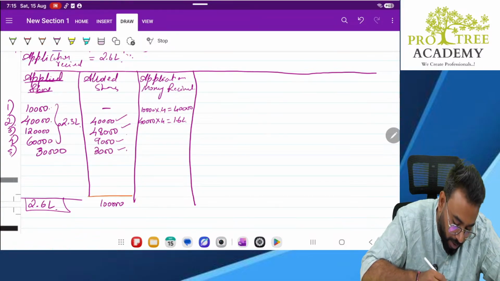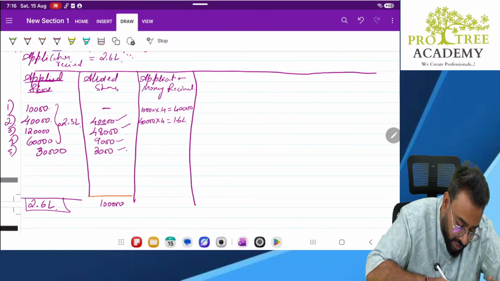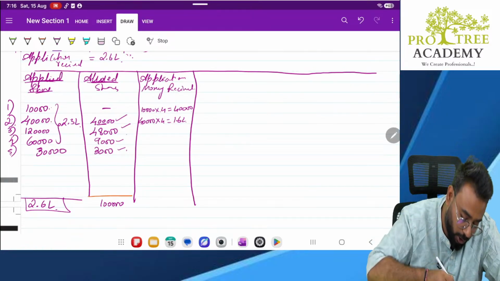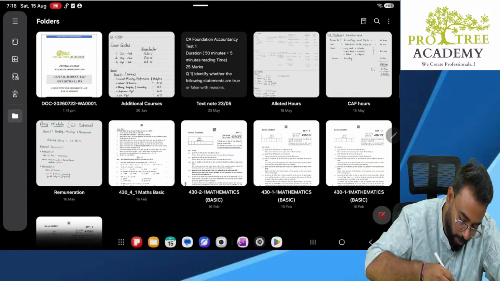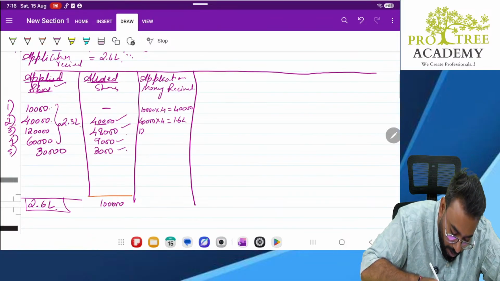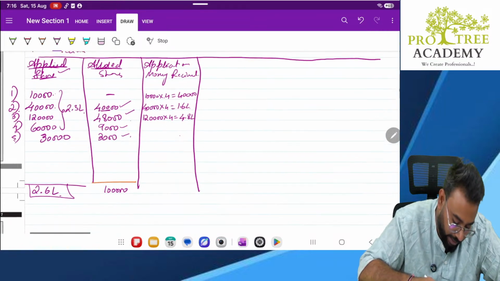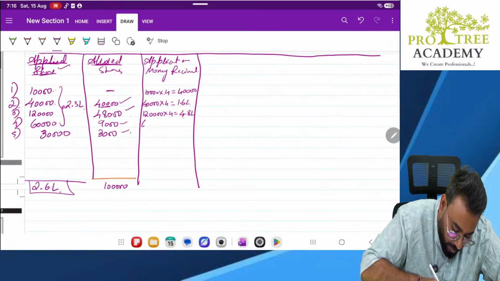Don't tell me 40,000, we have to multiply this. No, don't multiply this. This is actual allotted. But while applying, how much you paid, you can calculate using applied shares only. Okay. Here, 1,20,000 into 4, 4.8 lakhs. Here, 60,000 into 4.